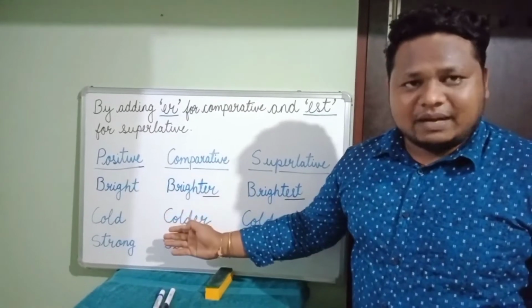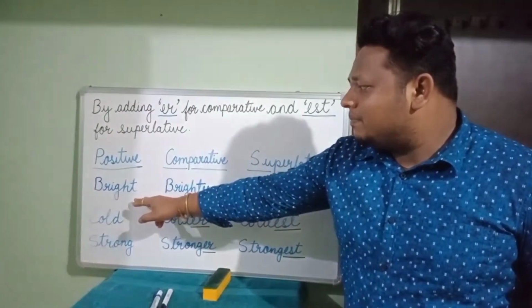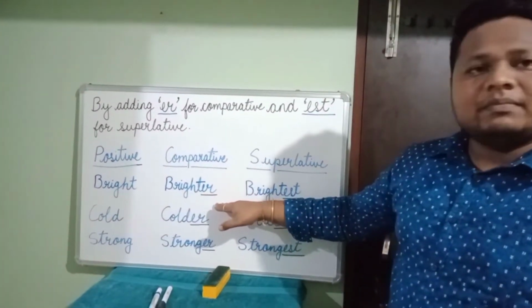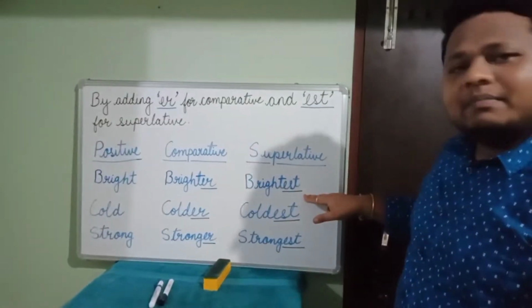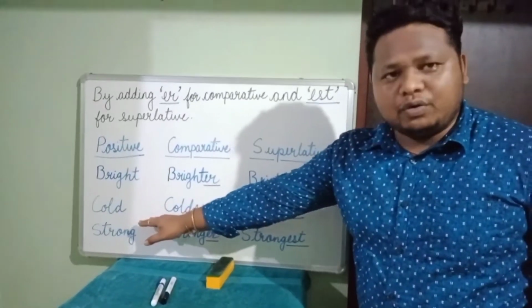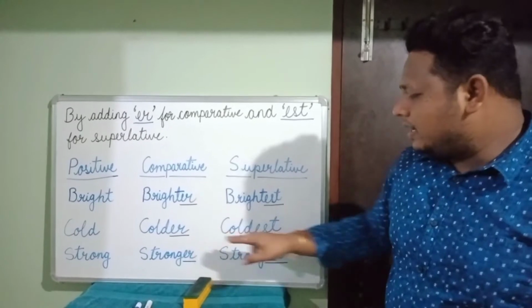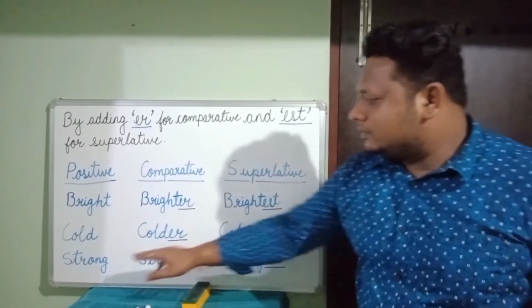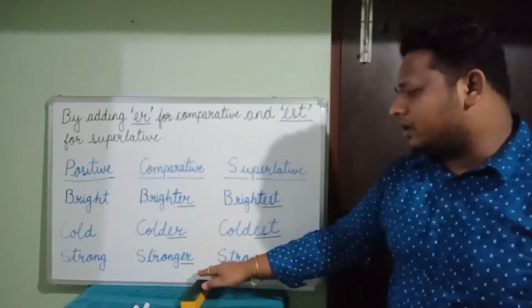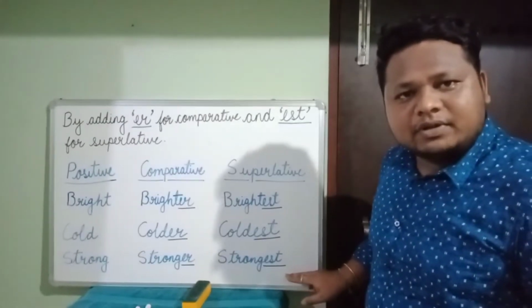Here are some examples. Bright will become brighter and brightest. Cold will become colder, coldest. Strong, stronger, strongest.